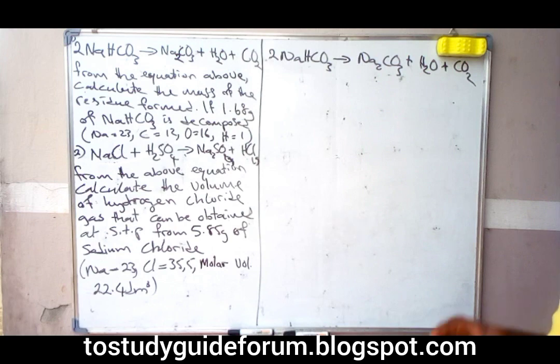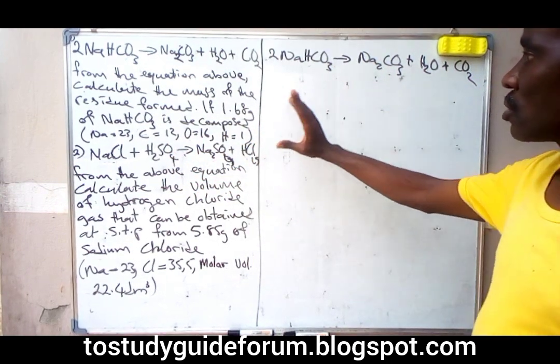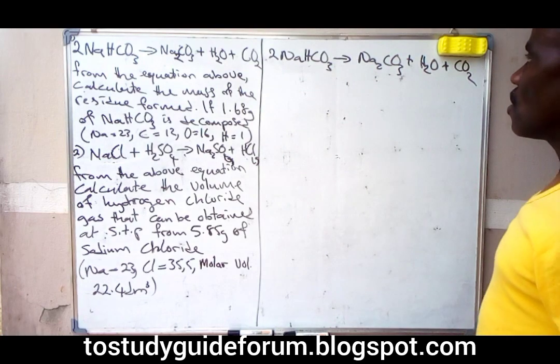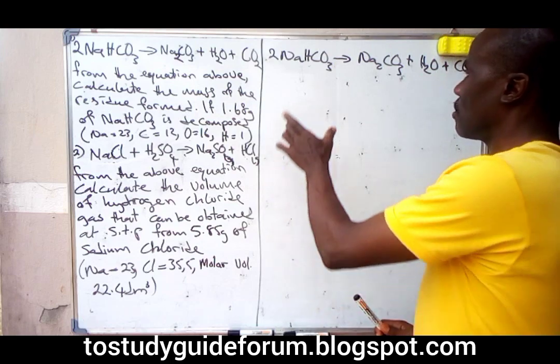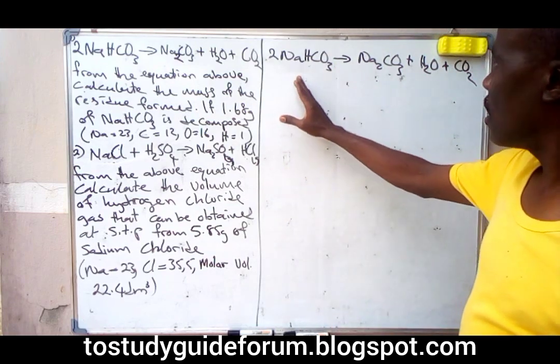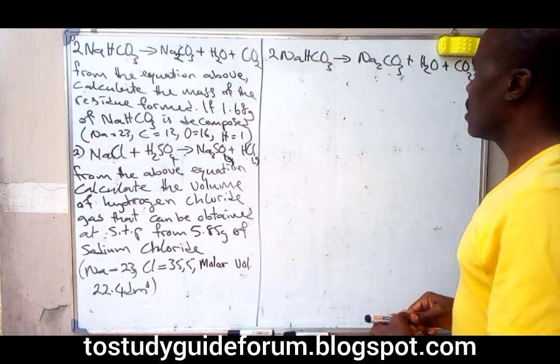So we are looking for the mass of the residue. Looking at this very well, the first thing you do is to get the mass relationship, because this equation now has to do with mass to mass stoichiometry.